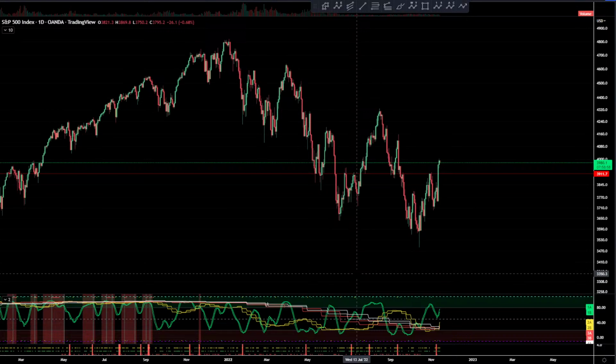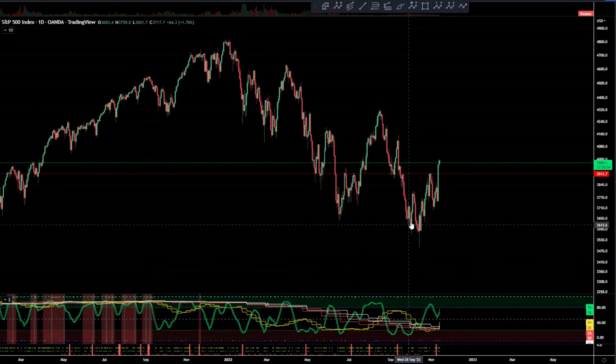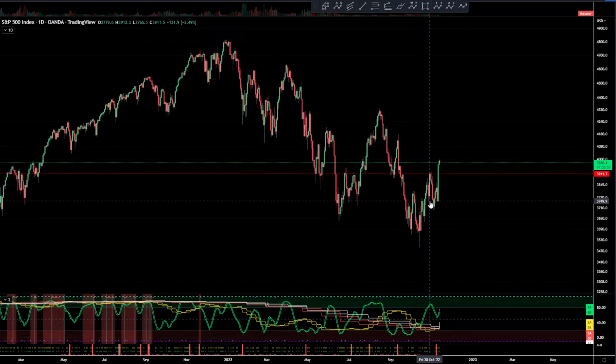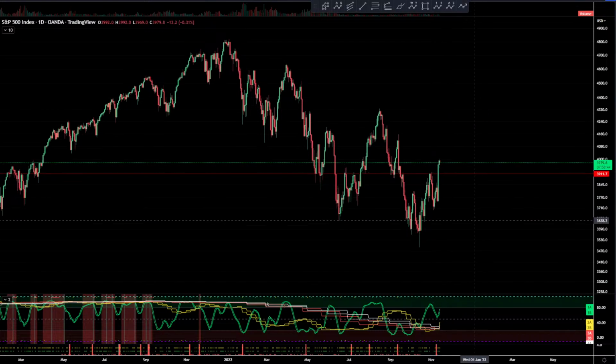This area is an area of extreme interest, and you can also see that's where we had our last rejection from. We had a good pullback for a few days, and then it looks like we're moving a little bit higher. So where's the next level above us where we would expect some resistance?